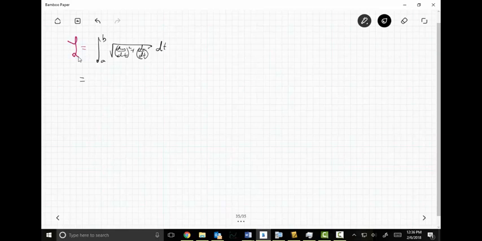It shouldn't be a huge reach for you to see that if I just use a different parameter, theta instead of t, I can easily write this as the integral of the square root of (dy/d theta) squared plus (dx/d theta) squared, d theta, from theta equals a to theta equals b.